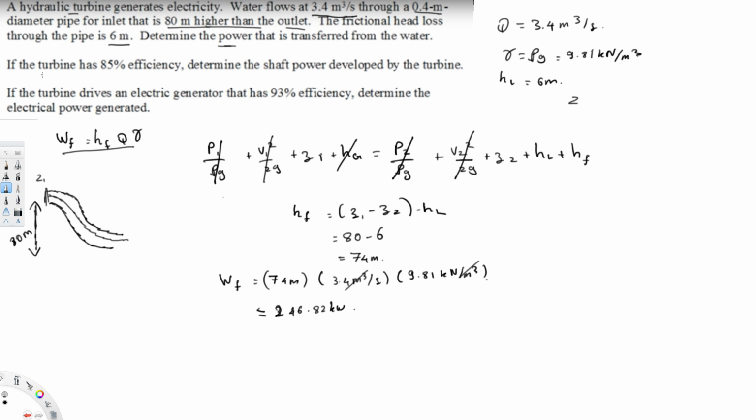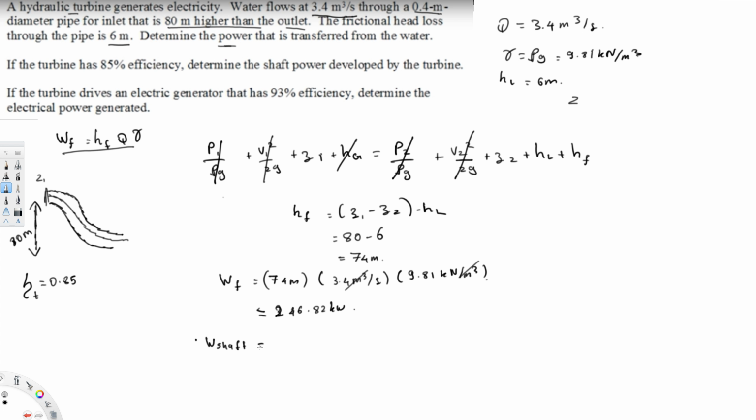And the second question is asking if the turbine has 85% efficiency. So let's give this eta T. Since it is 85%, we have to divide it by 100, that's going to give us 0.85. So that's going to be eta T, eta turbine, 0.85. And that can be calculated by, let's say W shaft, right? W shaft, that's what we are trying to calculate.